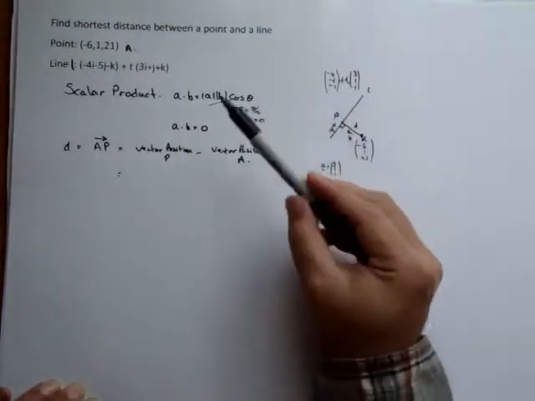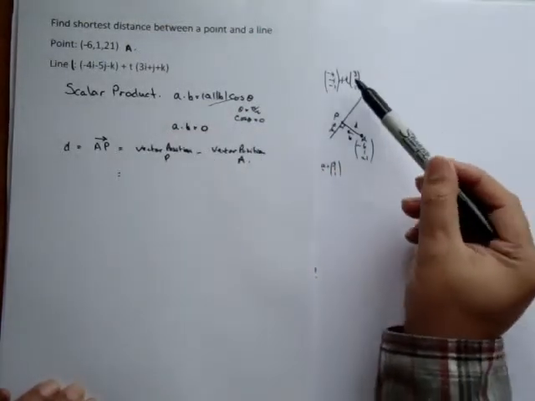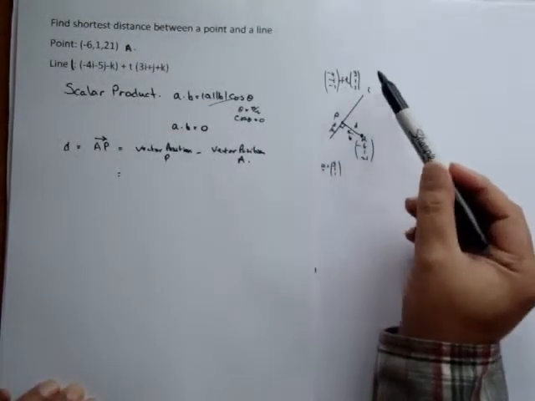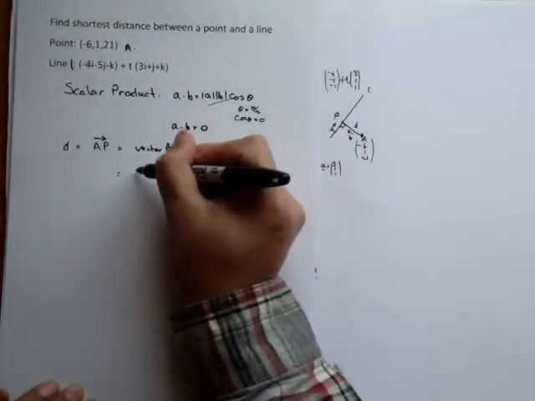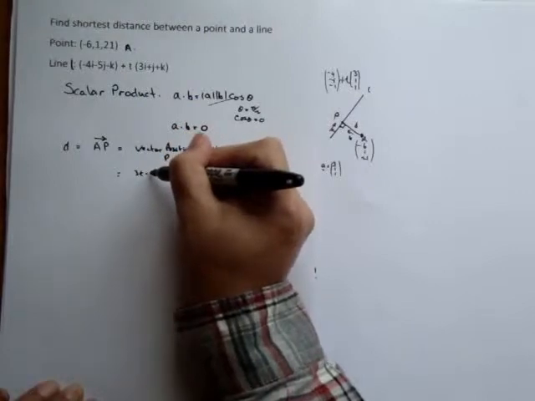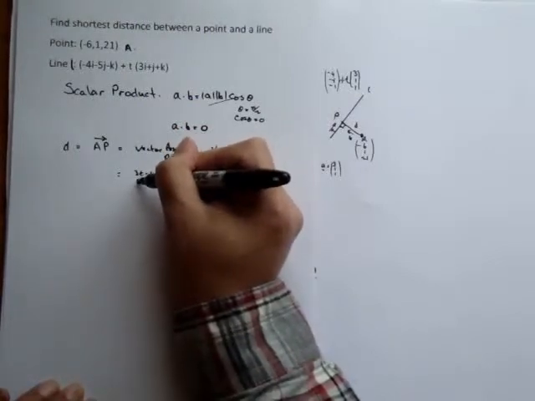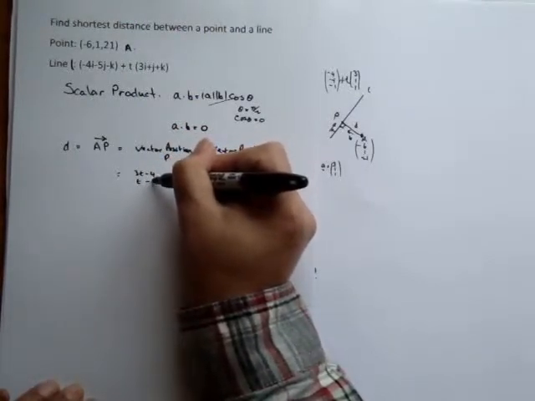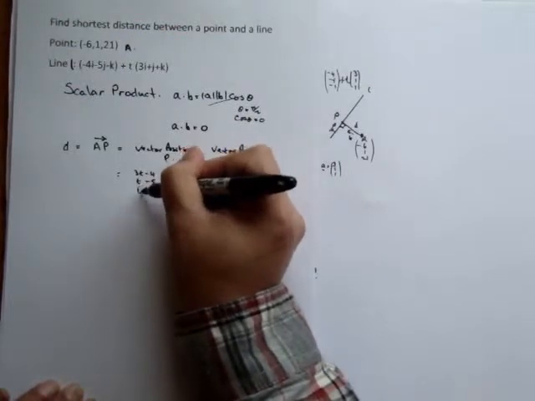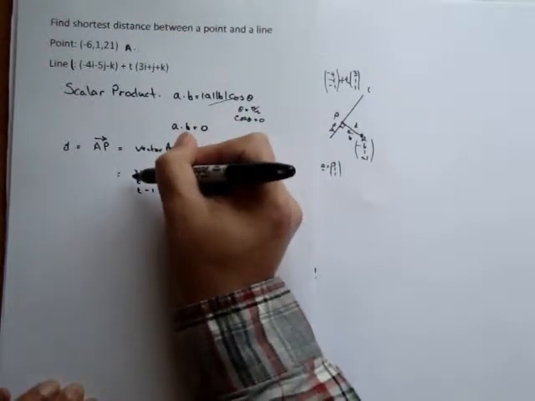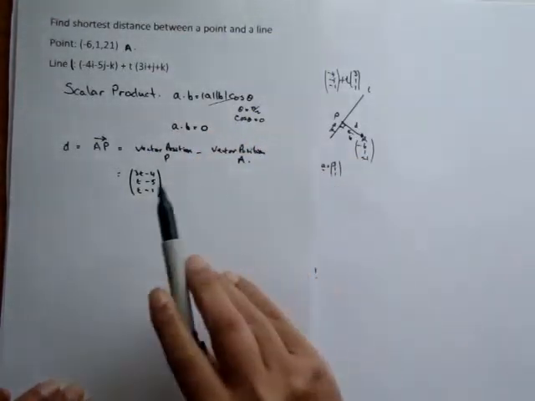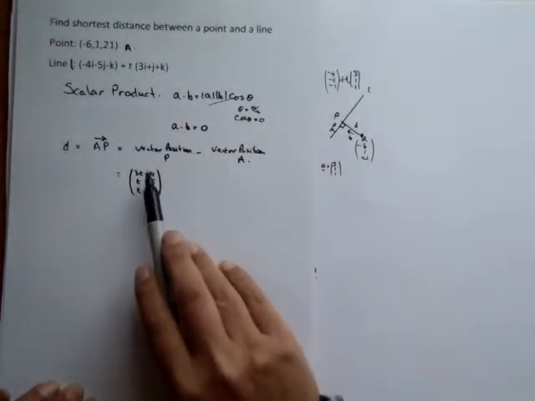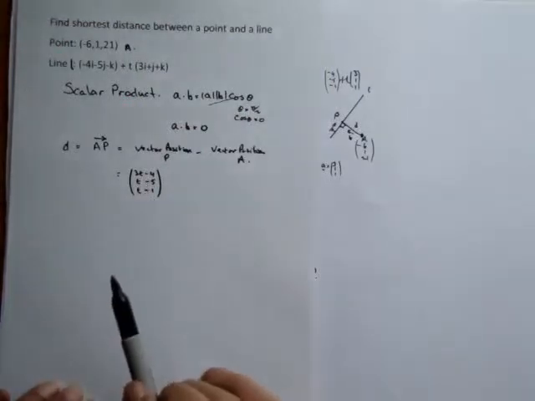Well, we know that p lies on the line with this equation. So if we write 3t minus 4, t minus 5 and t minus 1, the vector position of p has to satisfy this equation for some value of t.